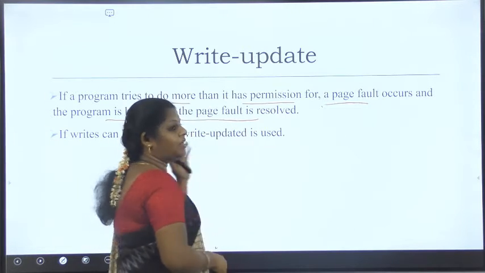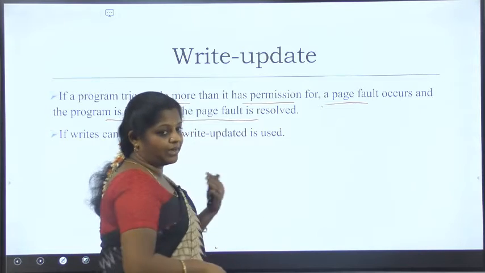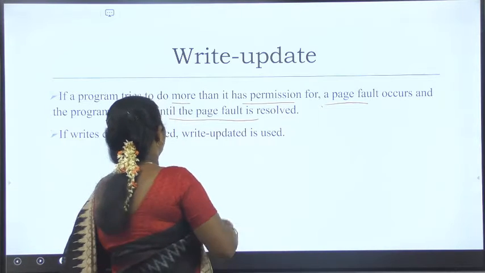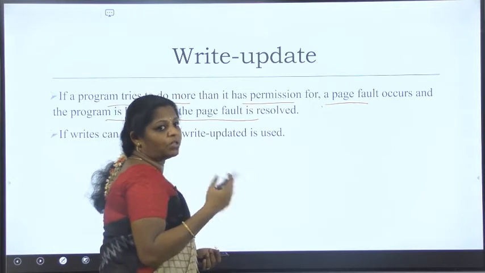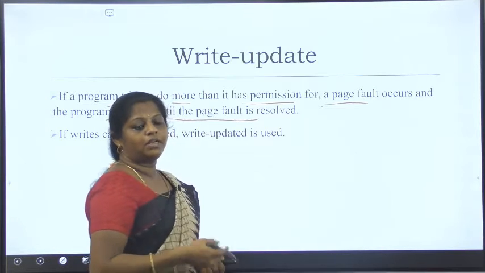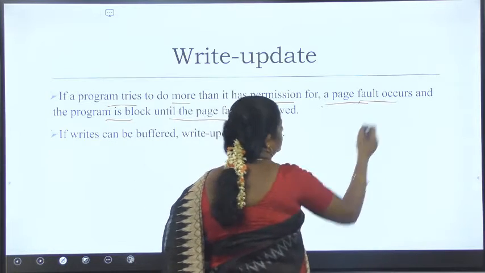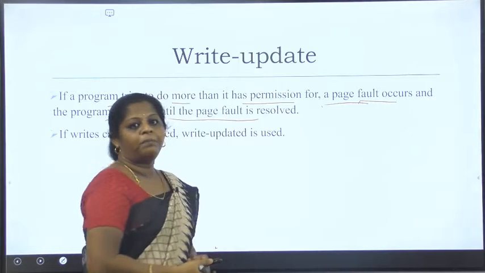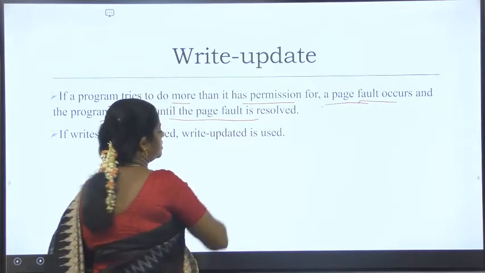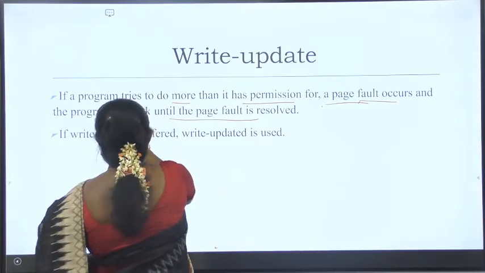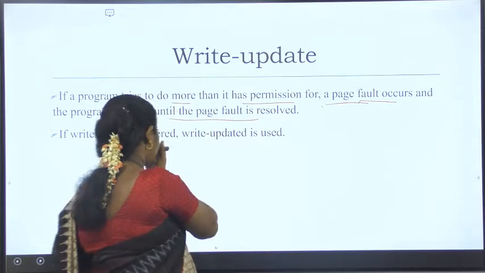Every process has a restriction on sharing the memory which is present in the remaining processes. So if any program tries to do more than the permission given by the distributed shared memory, the page fault occurs, and then the program will be blocked until the page fault is resolved.